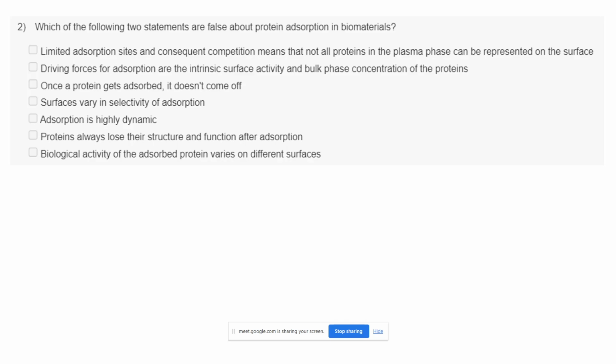Option C and F, madam. Option C and F. Yeah, C and F. Once a protein gets adsorbed, it doesn't come off, and proteins always lose their structure and function after adsorption. Yeah, I think those both. Okay. Anyone else? C and F. Okay.